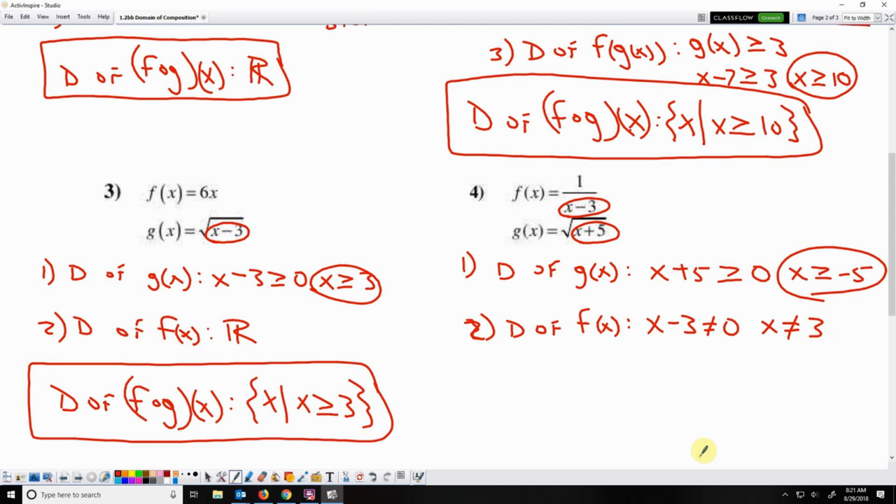That's not all reals, so that tells me I need a step 3 where I do the composition. Domain of f of g of x. And here's where I steal from steps 1 and 2. G of x cannot equal 3.